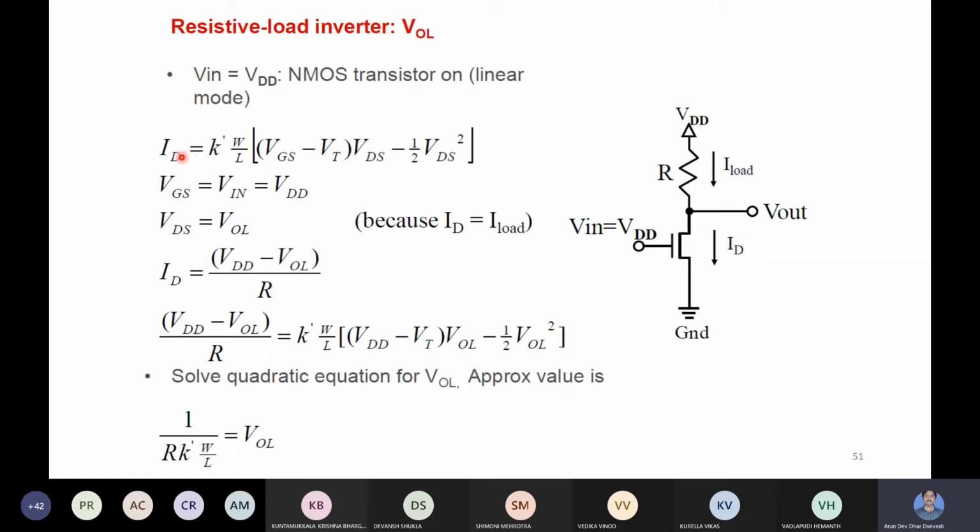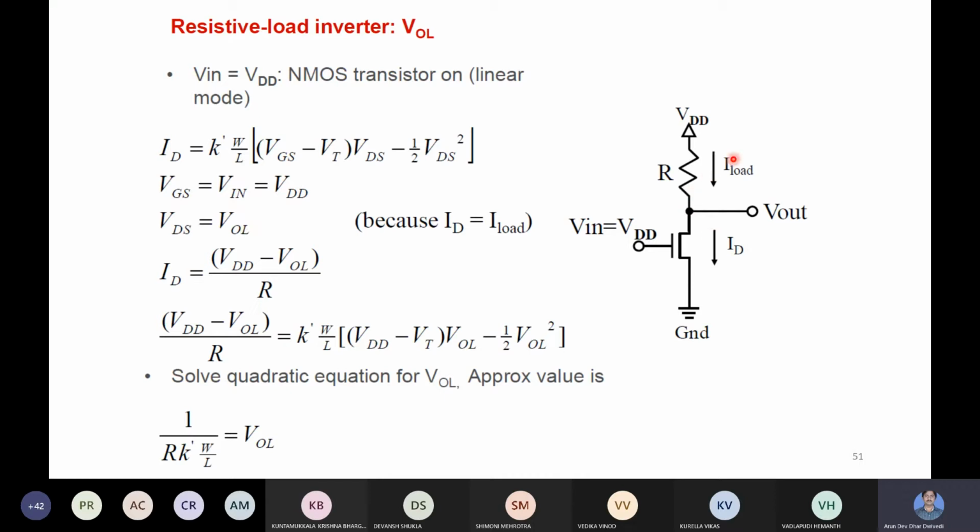So ID equals K dash, using the linear mode equation of the transistor, and VGS, the gate to source voltage, we consider equal to Vin, which is already given as VDD, and VDS is whatever output voltage you get in this case, that you can substitute as VOL, because the drain to source voltage is basically the output of this inverter. So we can substitute VGS equal to VDD and VDS equal to VOL.